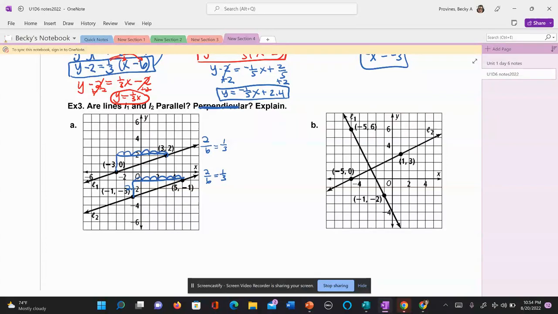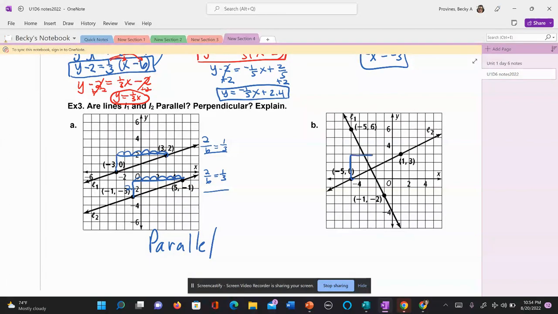You got to show me how you got it. So, since the slopes are the same, the answer is parallel. Your work can just be this. It's fast and easy. Now, on this next one, obviously they're not parallel. So either the answer is going to be they're perpendicular or it's nothing. Like they're neither parallel nor perpendicular.